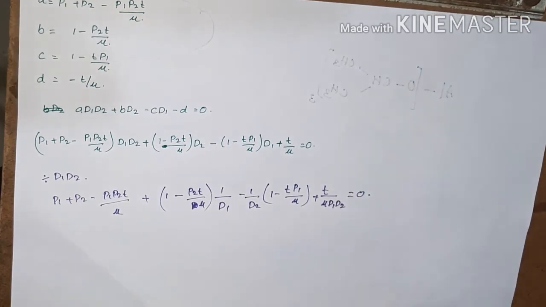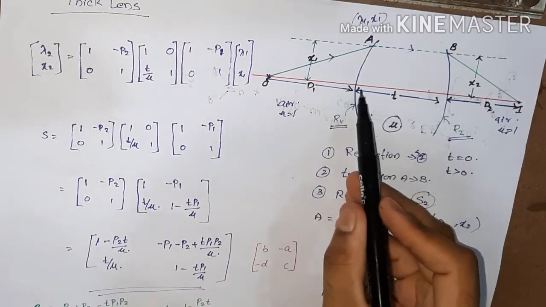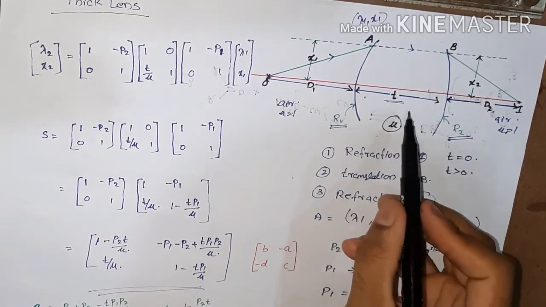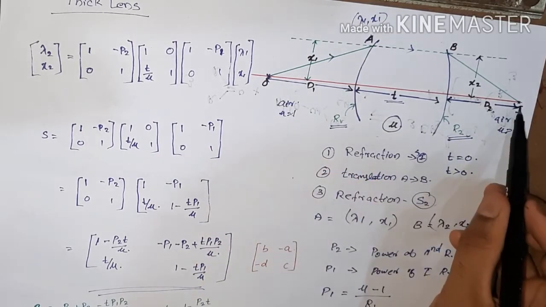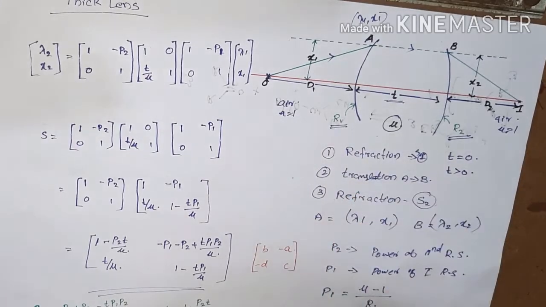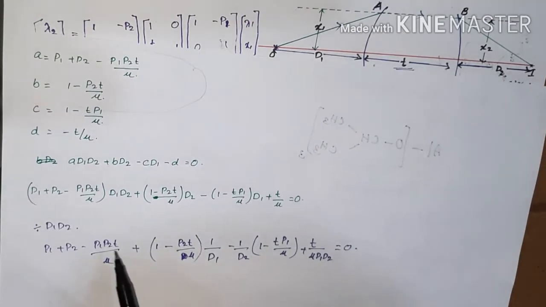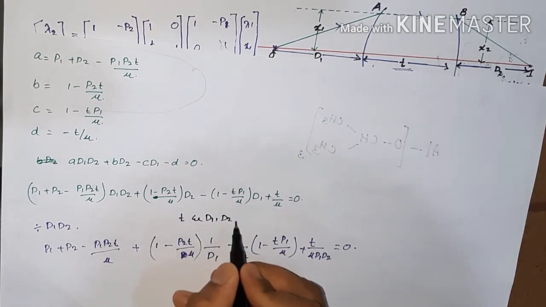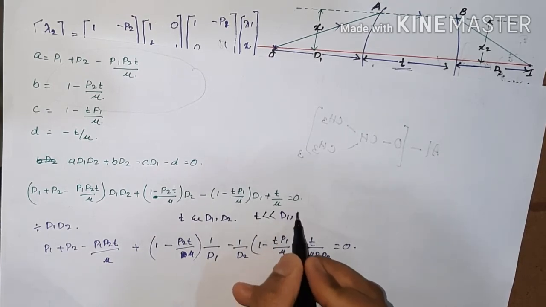Here the quantity t is the distance between these two refracting surfaces, or the thickness of this lens, and d1 and d2 are the distances of the object as well as the image from this lens. So if we are comparing the values of t and d1, d2, we can see that t will be very much less than d1 and d2.